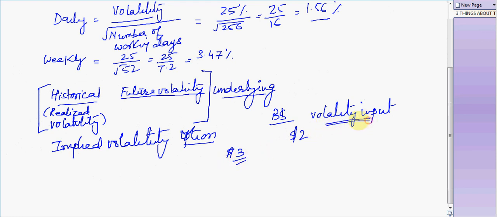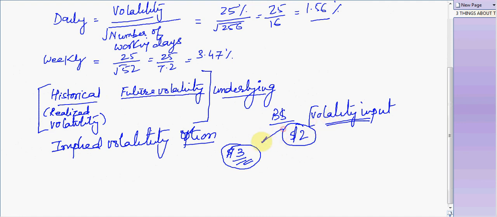So you reverse engineer the Black-Scholes model, and you check various volatilities that would give you this price. Remember, this is the theoretical price of the option, but it's actually trading at this price, and you plug in different volatility inputs till you get this price.